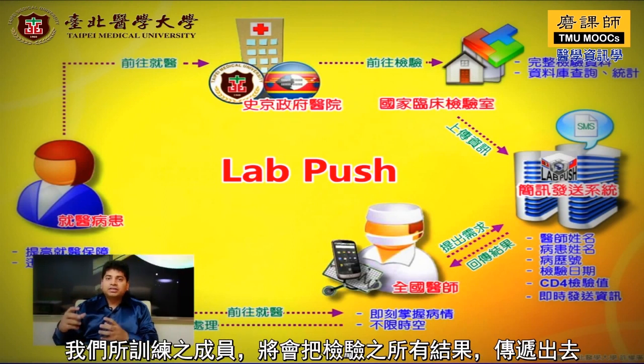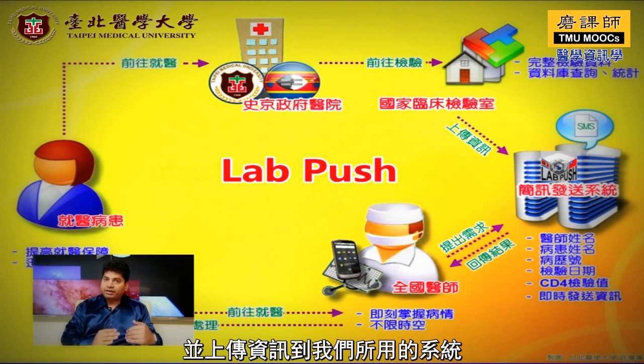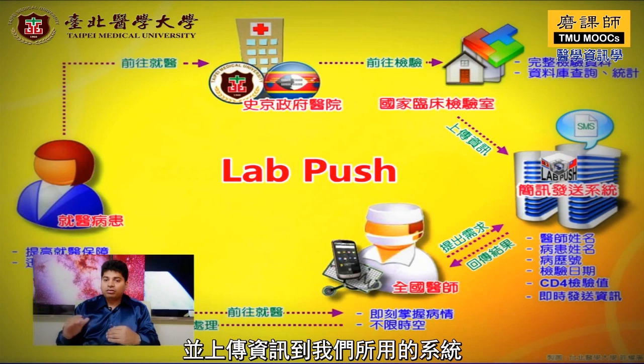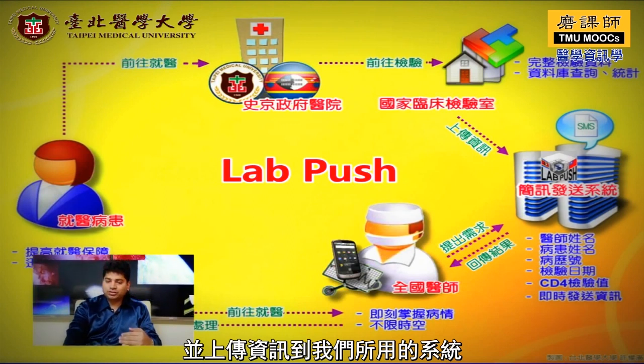Meaning we train one staff member at the lab so that he can export all the results from the clinics where we are having intervention, and upload that information to our system.